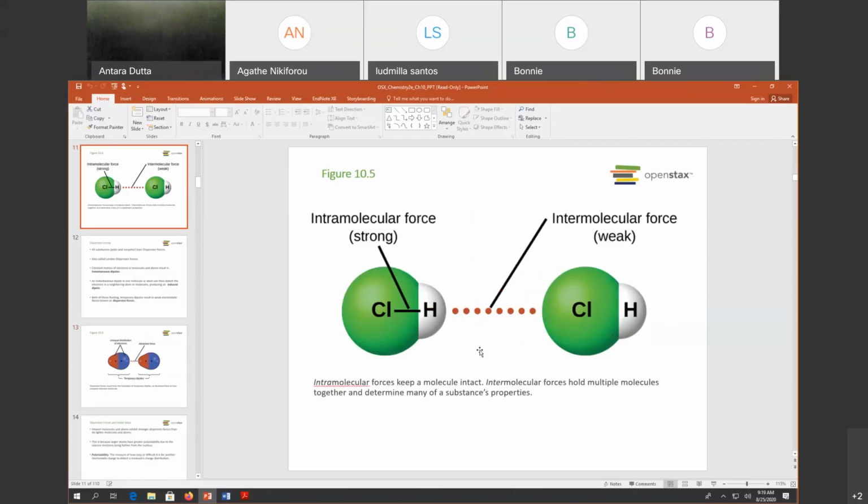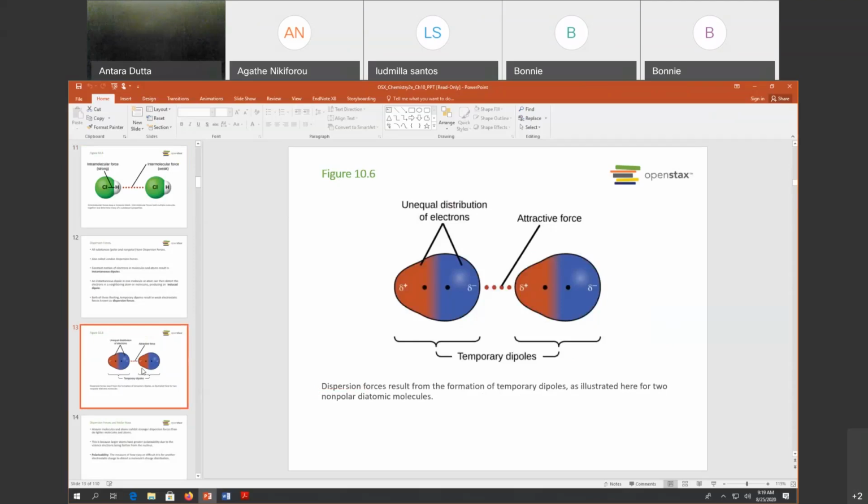So your dipole-dipole force is always stronger than London dispersion for any molecule. Any permanently polar molecule will always attract another permanently polar molecule in a much stronger way than two non-polar molecules attracting each other. Everybody okay?